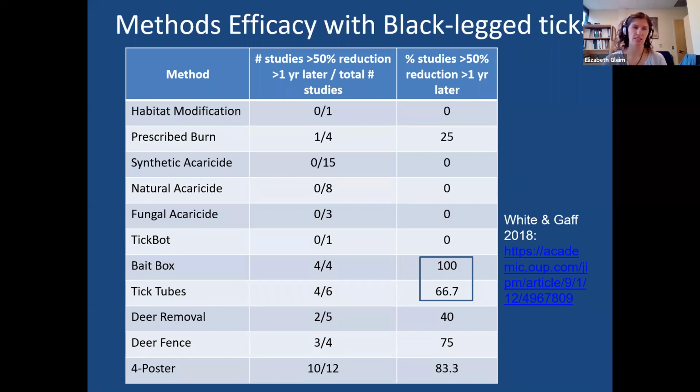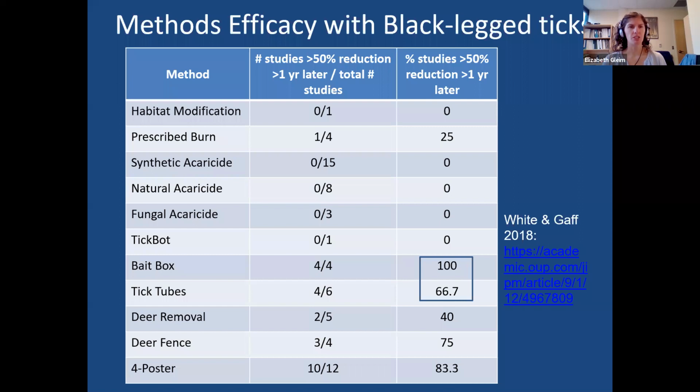You're going to have to constantly be refilling the acaricide in both the tick tubes and the bait boxes, and of course the cotton with the tick tubes. And you have to have enough of these out that you're treating a significant proportion of the mouse population. So these seem to be really effective and promising in a residential setting, for someone's yard or something of that nature, but maybe not on a large landscape level.